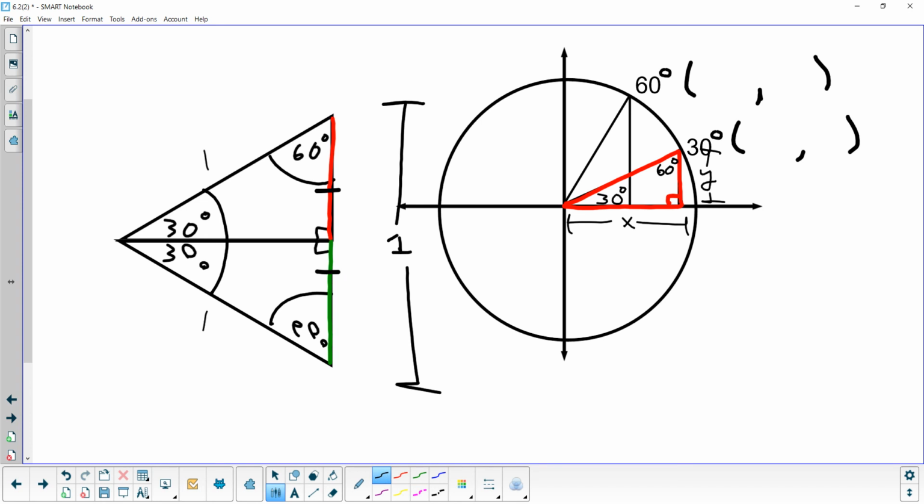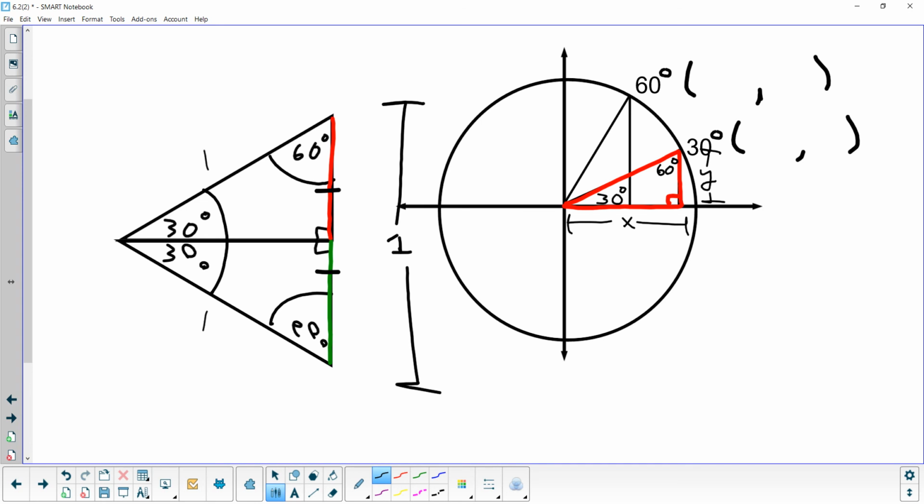So if those two sides are congruent and they have a total length of 1, how long does each one of them have to be? A half, right? Each one of them has to be 1/2 because they have to add up to 1 and they're the same. So a half and a half. We've now figured out one of the sides.